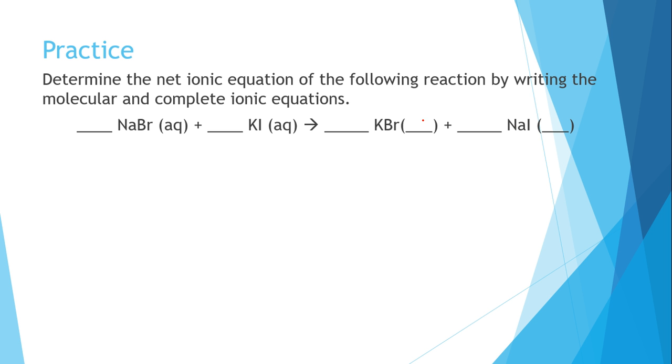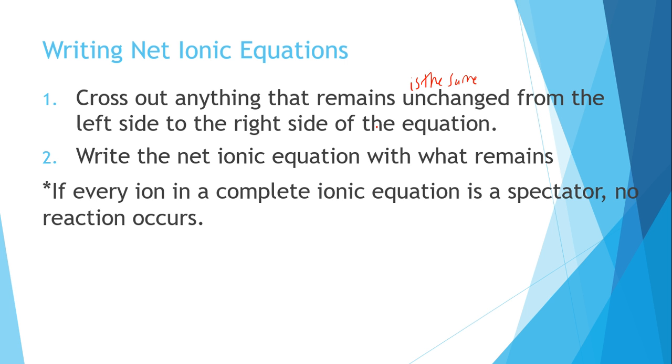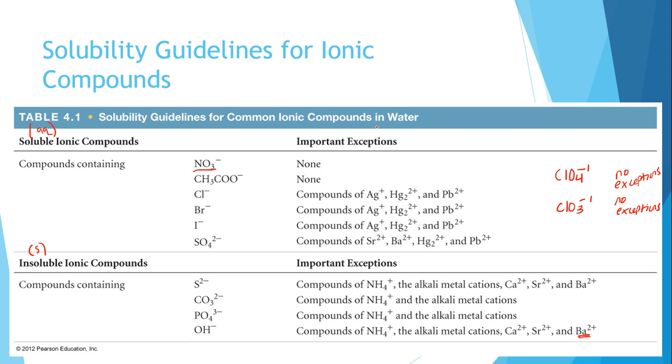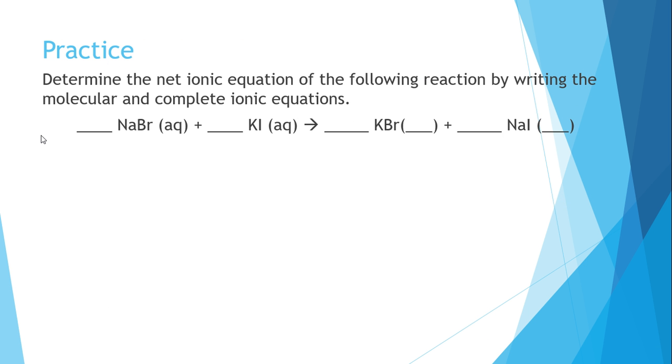What I want you to do is here in the parentheses, tell me whether it's going to be an aqueous solution or a solid. So you're going to have to get out your little chart. Here, I'm going to look for bromine and then see if potassium is an exception. So if I go back here, I find bromine. Potassium is not an exception, so that means it's going to be AQ for soluble. Here I have iodide, and I have to see if sodium's an exception.